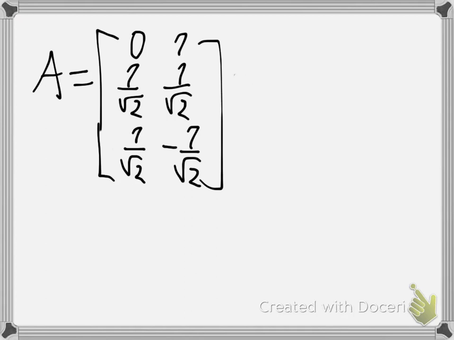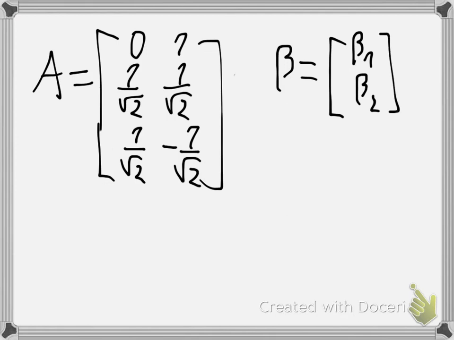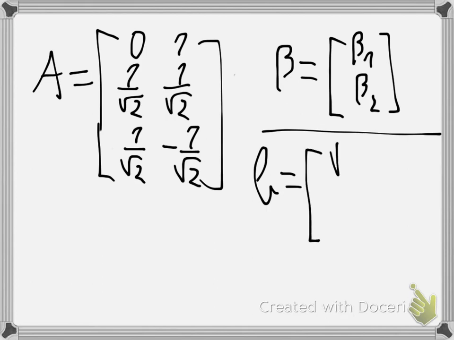my two unknowns are in the vector beta 1 and beta 2. So that's the two values I want to determine as accurately as possible. And the values I have are square root of 2, 1, 1.